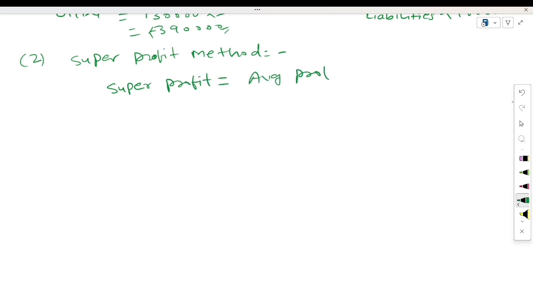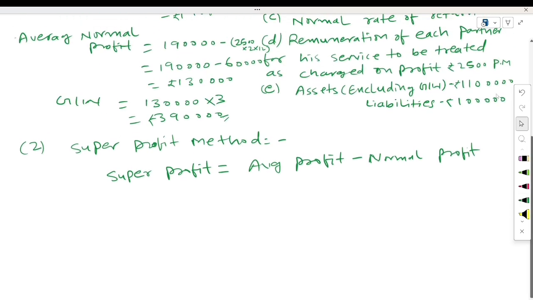Average profit minus normal profit. Average profit we have already get here 130,000. This is our average profit. So we have to calculate here normal profit.